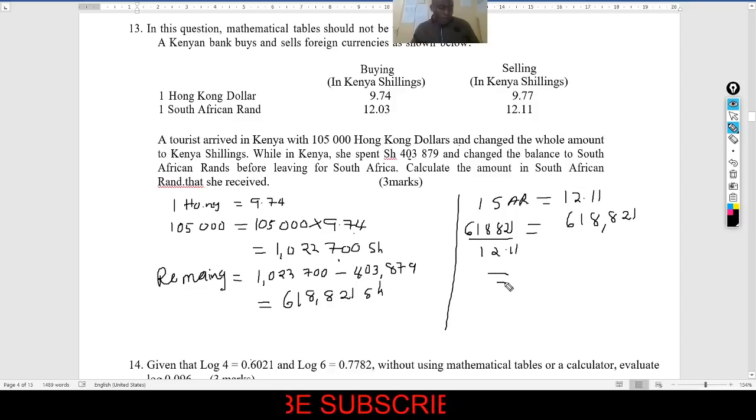This gives you 51,100 South African rand. So that is the amount he received in South African rand.